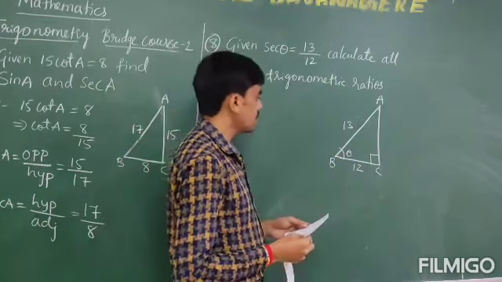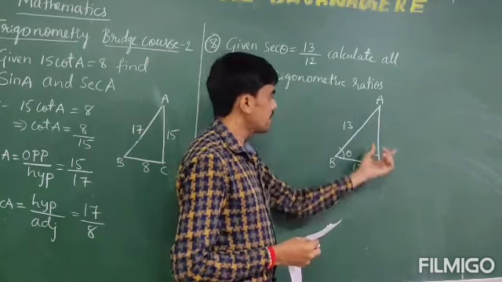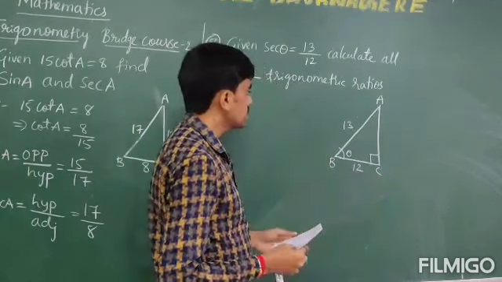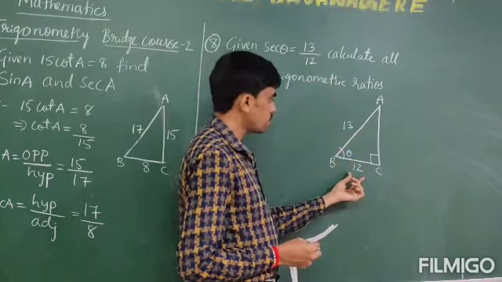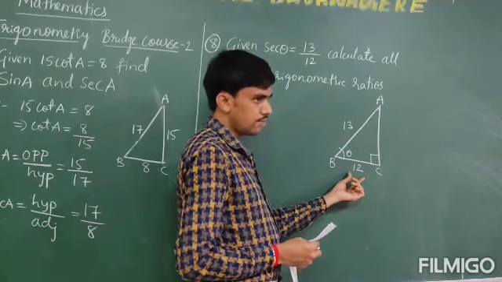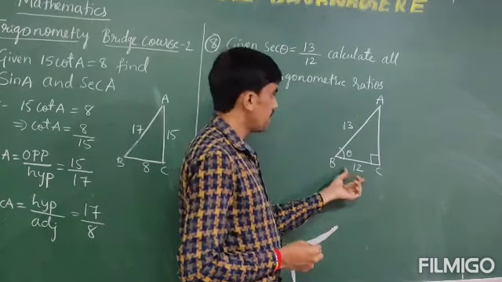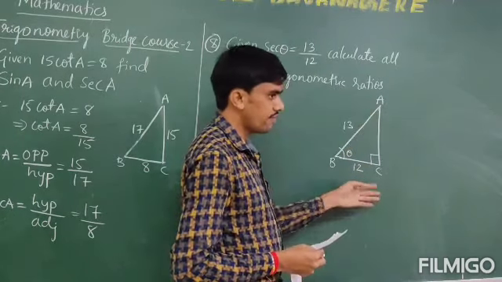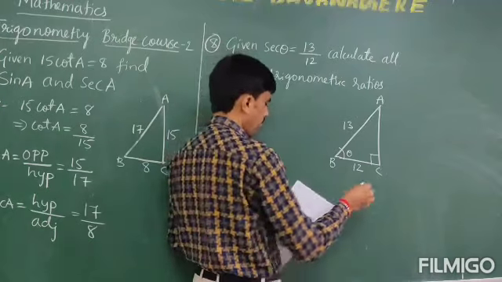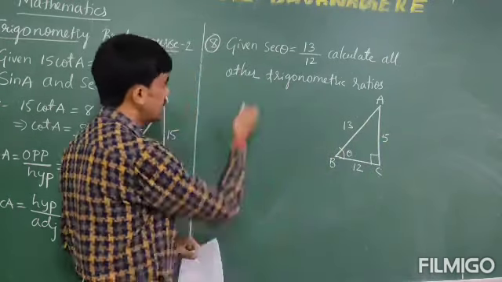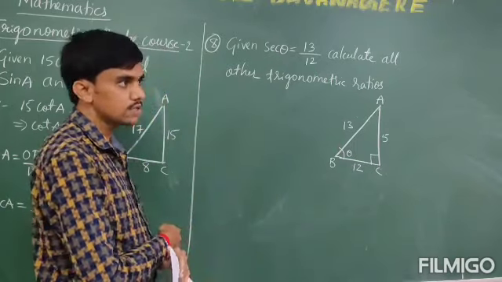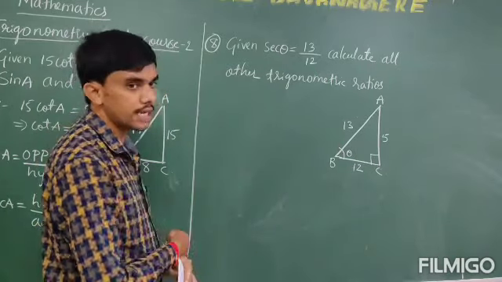So AB square minus BC square gives the AC square. 13 square is 169, 169 minus 144 is 25. So AC square is 25, then AC becomes 5.